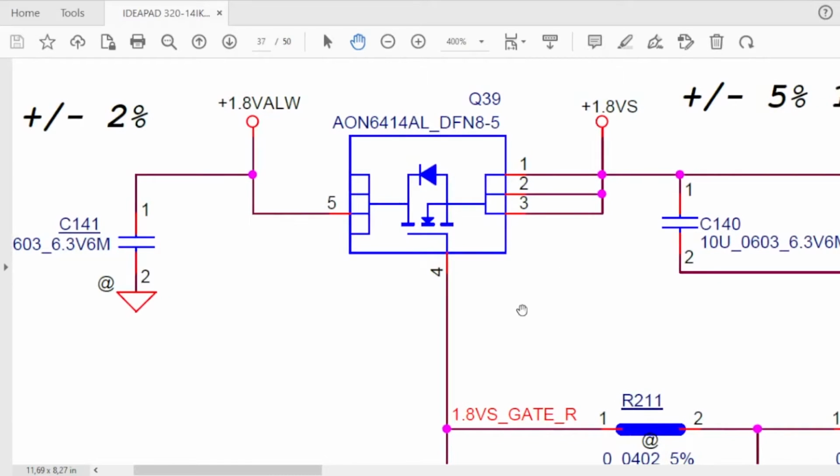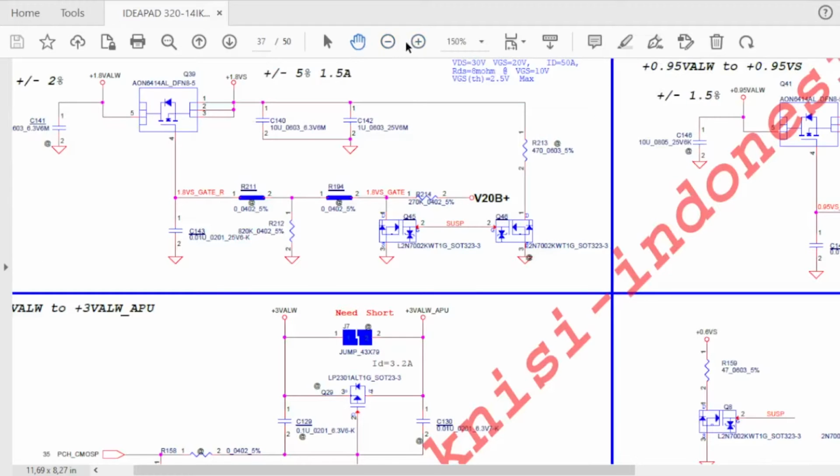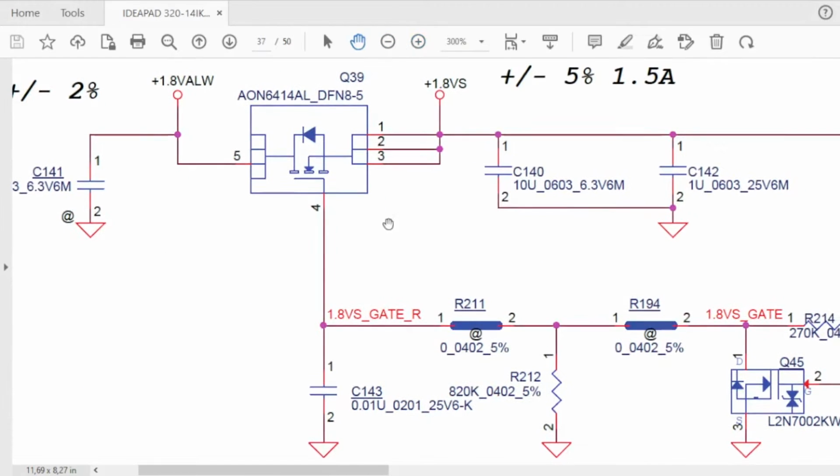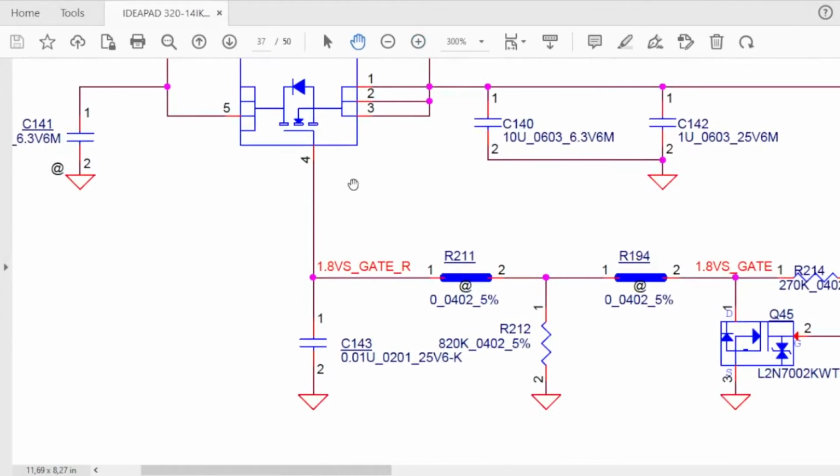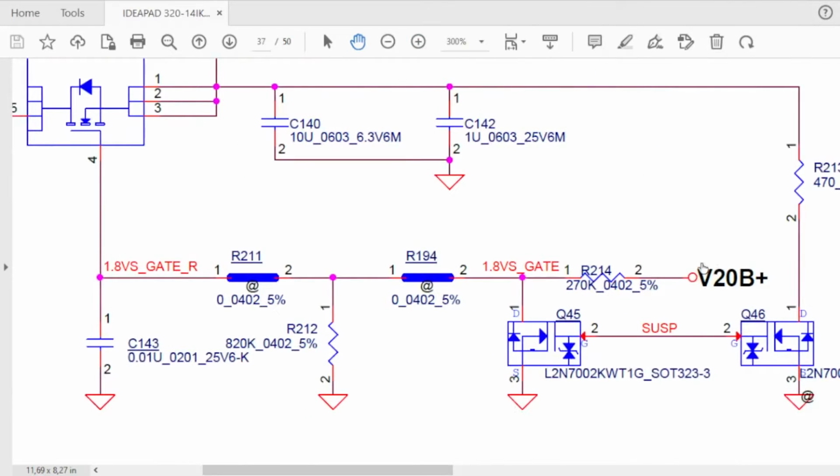So to find the source of the problem of this motherboard, we must know when this MOSFET is active. In this block you can see the gate of this MOSFET is connected to this voltage, V20B plus, from the V-in line.